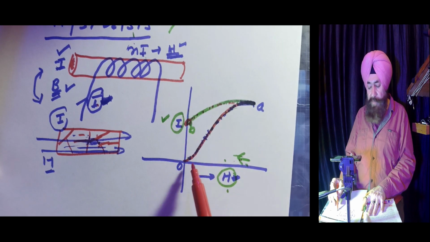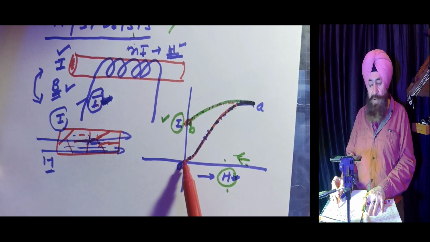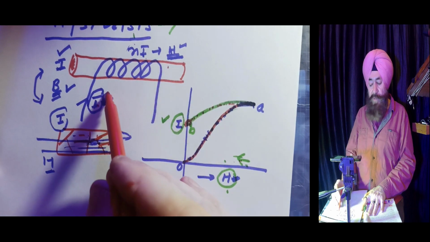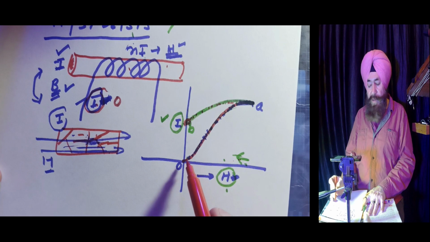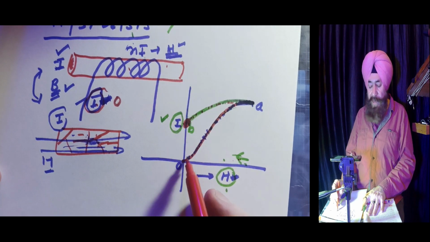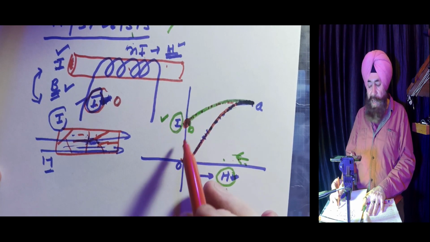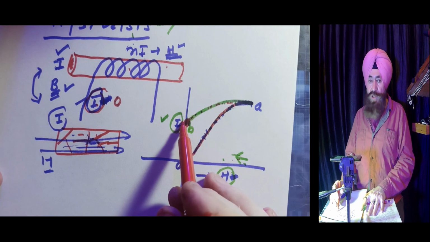Now here, H is totally 0. You made H 0 because you made the current 0. No current is flowing, even then the material has some intensity of magnetization.